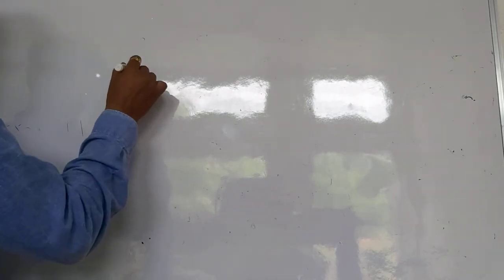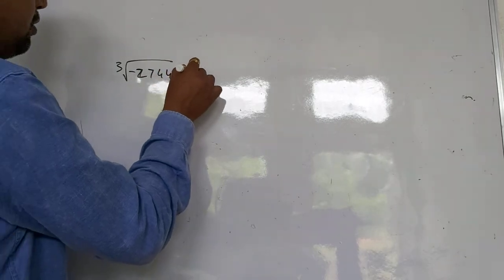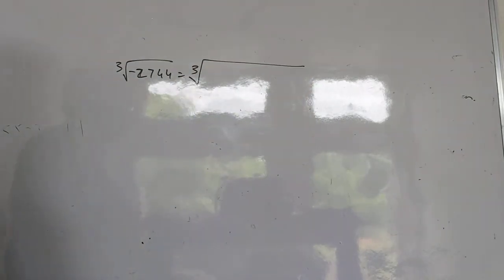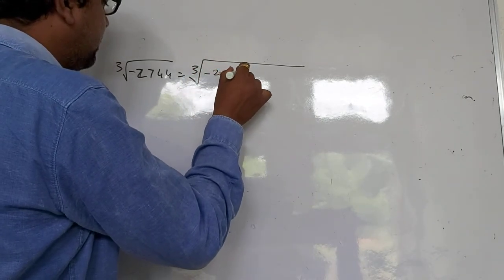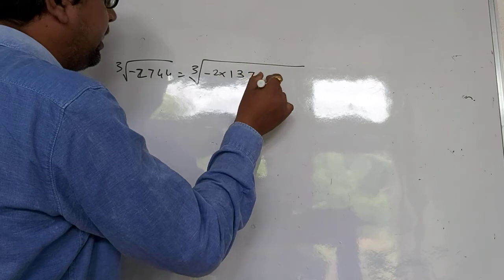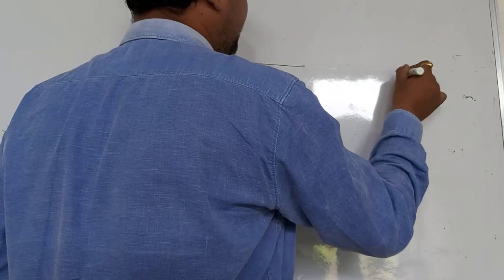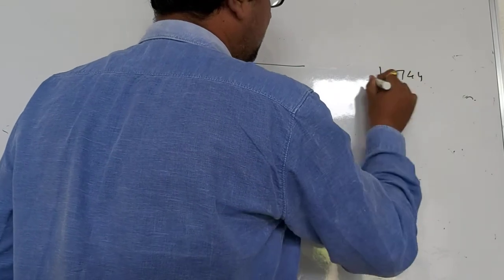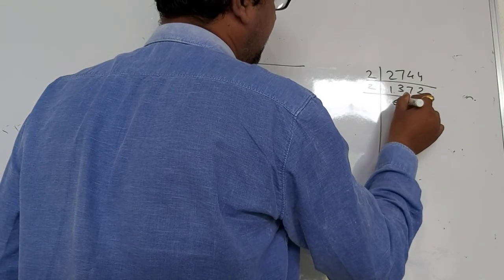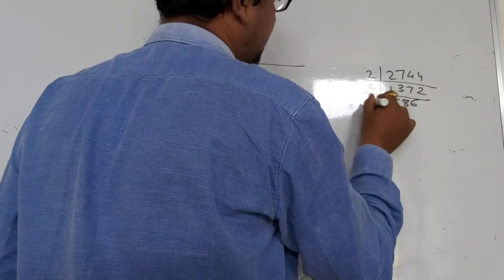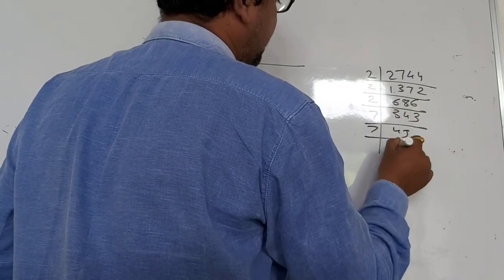Minus 2744. Now, if you don't know the table of this, and if you don't know the cube root, then directly divide by 2. 2 1s are, 2 3s are, 2 7s are. Again, you can do it in this way: 2744, divide by 2, again 2, again 2, then 343, 7 7s are 49, 7 7s are 7, 7 1s are 7.